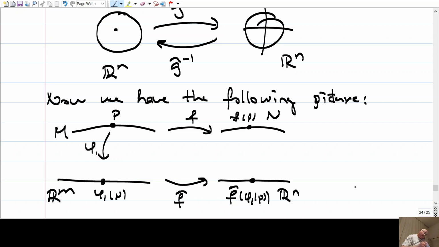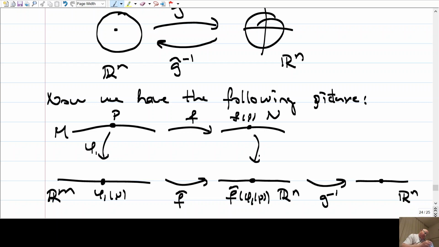All right. And here I have this map. I compose this function with the inverse of g, which is also a diffeomorphism. Again, this goes into Rn.